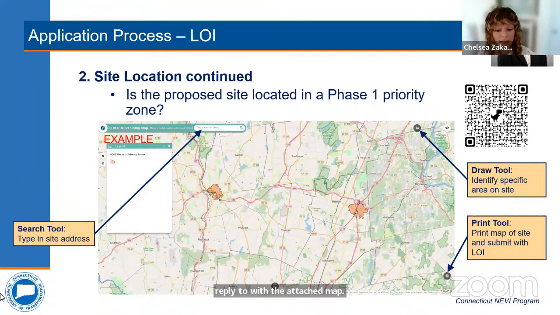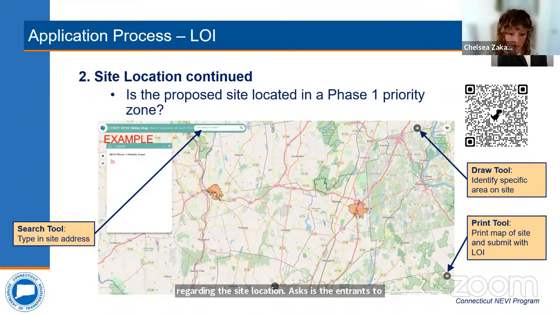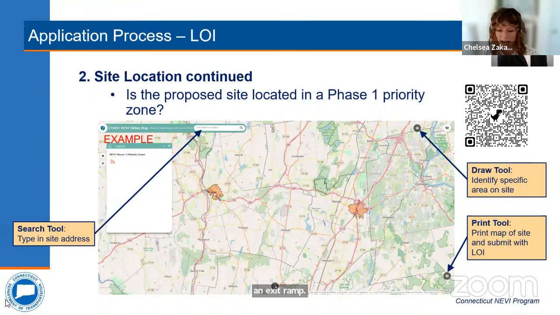And then finally, the last question regarding the site location asks, is the entrance to the proposed site located within 1 drivable mile of an exit ramp off of an alternative fuel corridor or AFC, but outside one of the phase 1 priority zones?